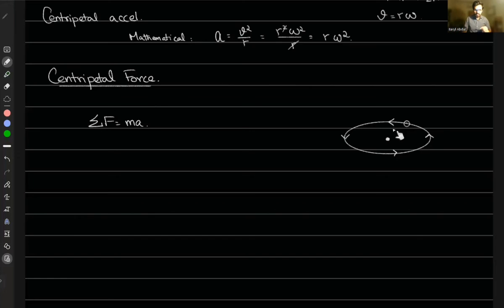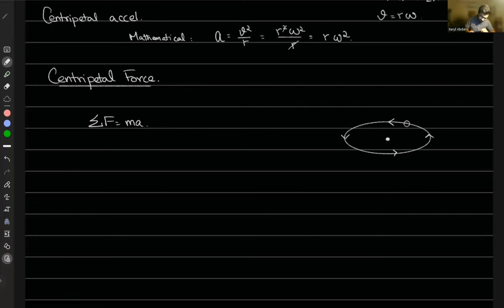But it would be changing the direction. And so we know that because the acceleration vector over here is just the centripetal acceleration. It's not a linear acceleration. And we know that centripetal acceleration is only going to cause a change in direction, not the magnitude of the velocity, or the speed remains constant.